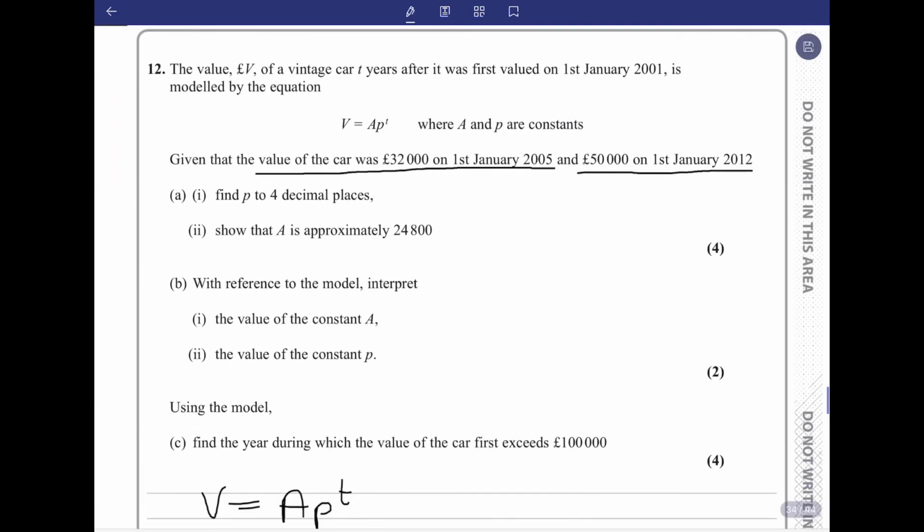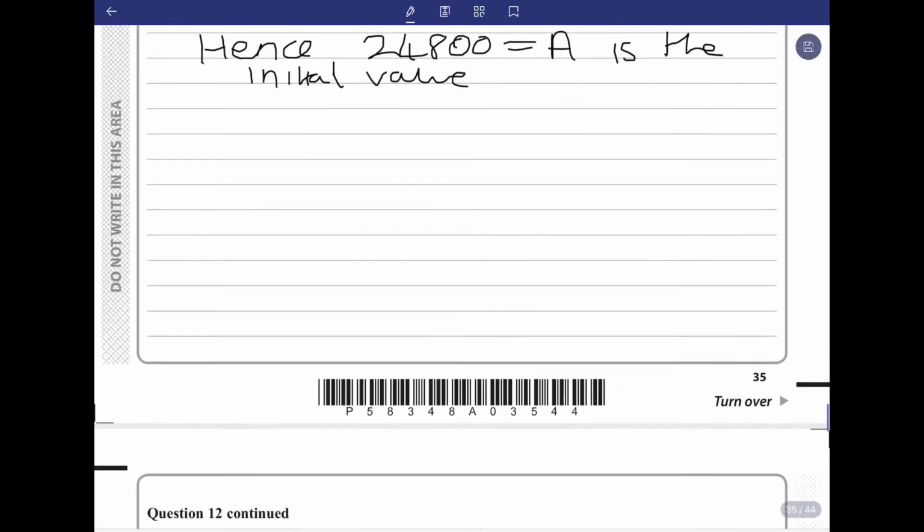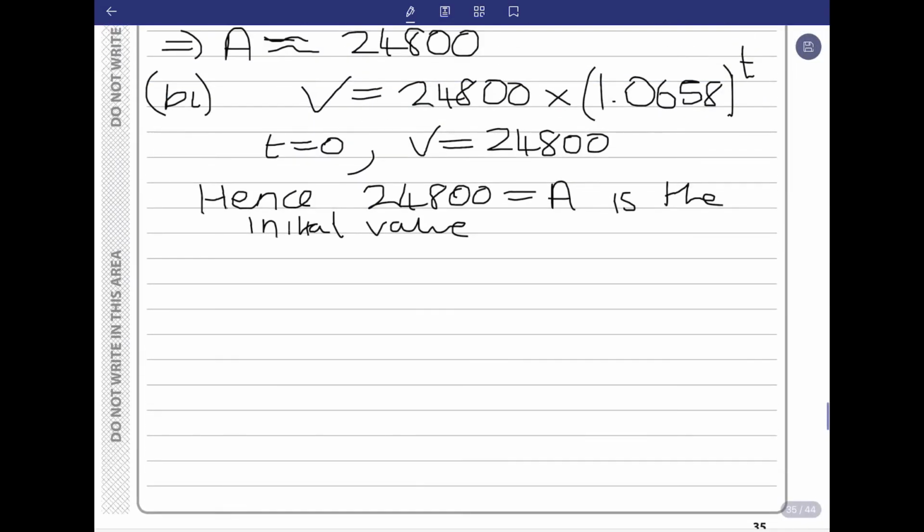Part BII, the value of the constant P. So P, which equals 1.0658, is the increasing factor.